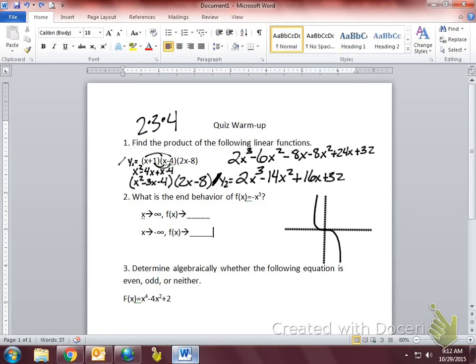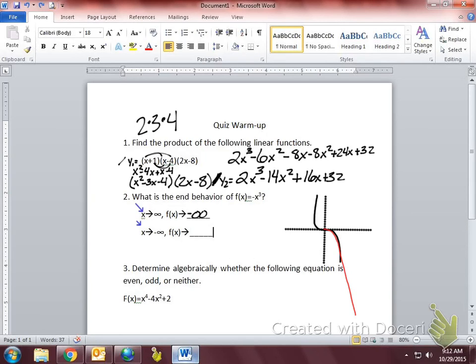Whenever you see this, as x approaches infinity, look at that as if I follow the graph, as x goes to the right, is the y value going up or down? Down. So is y approaching infinity or negative infinity? Negative infinity.